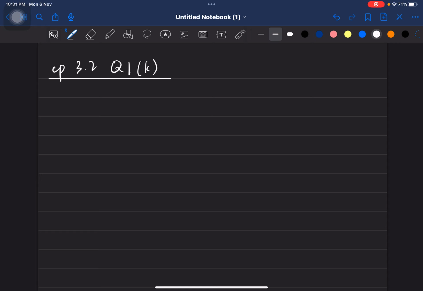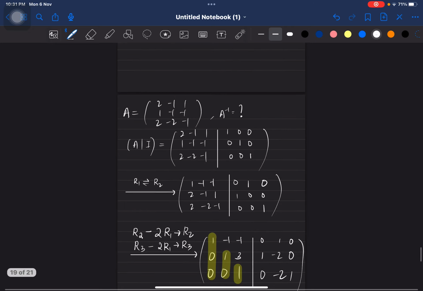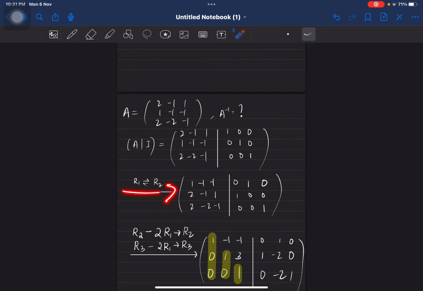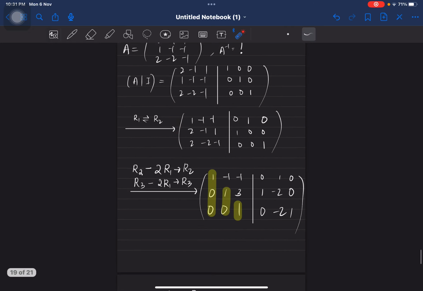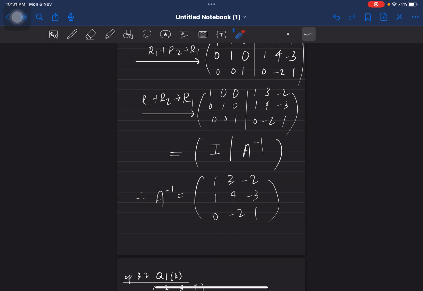Matrix, let me call it matrix A. Usually it will be denoted by a letter. Follow the way I write. The whole answer scheme looks like this. Don't change the arrow to an equal sign. This is an arrow, not an equal sign. Only the last one I write as an equal sign, meaning I successfully obtained the identity and A inverse on the right hand side.